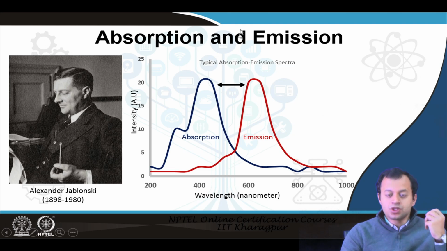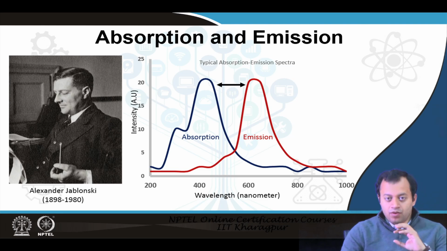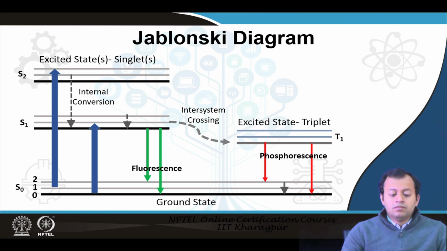This entire process is called fluorescence, where certain material absorbs light and then emits light at a different frequency. It absorbs light at a higher frequency, it emits light at a lower frequency. This entire process is called fluorescence, and Professor Jablonski explained it using this very famous Jablonski diagram.